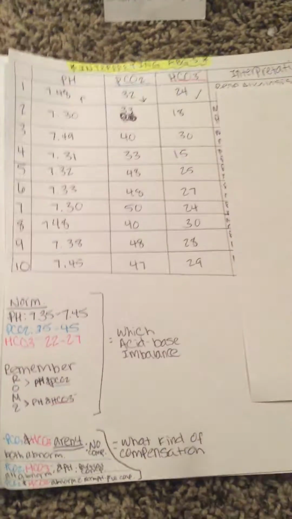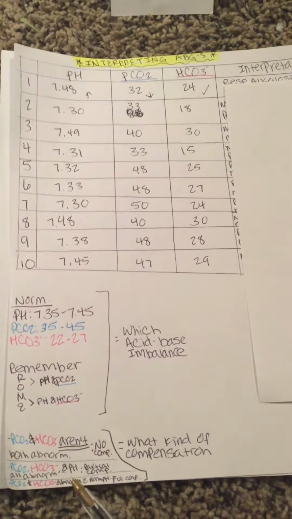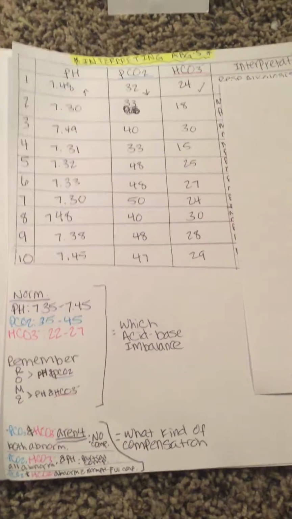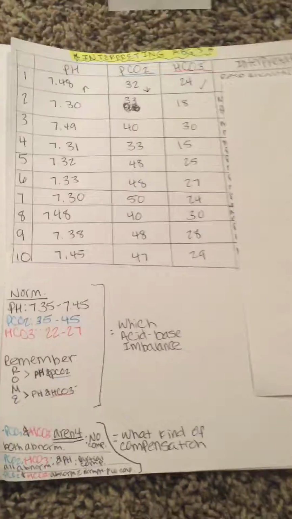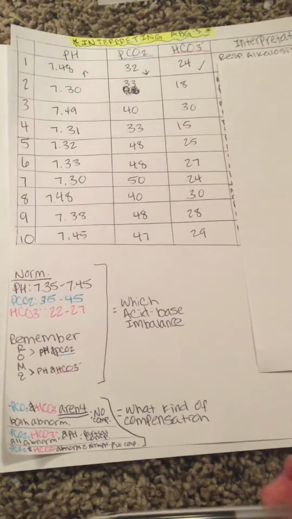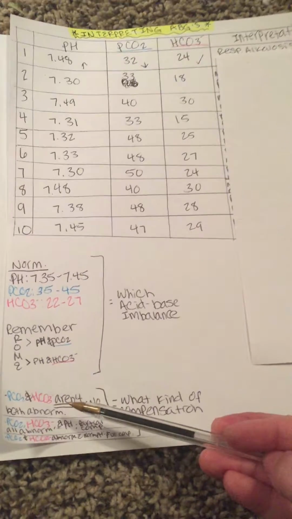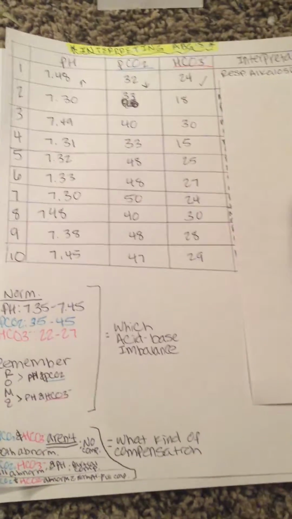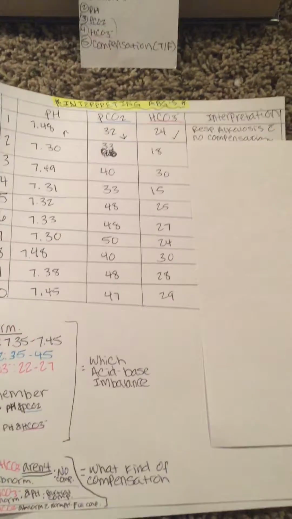No. PCO2 and HCO3 abnormal with a normal pH. Is that true? No. I'm testing you guys. So which statement is true? You're only going to have one true statement. It's this one, right? Because the PCO2 and bicarb aren't both abnormal. So you have respiratory alkalosis with no compensation for that one.